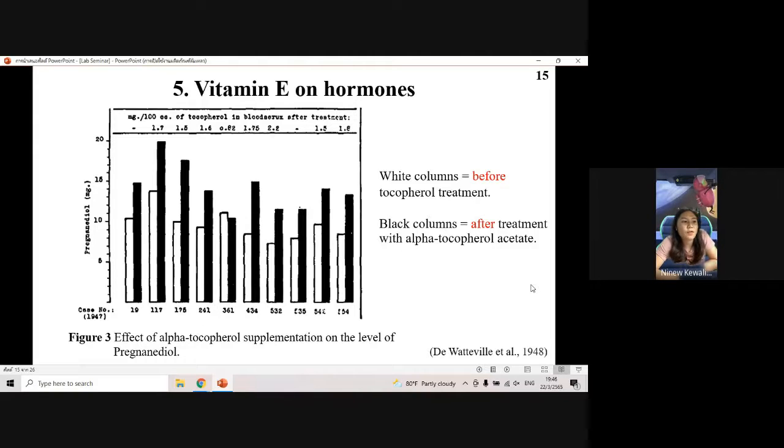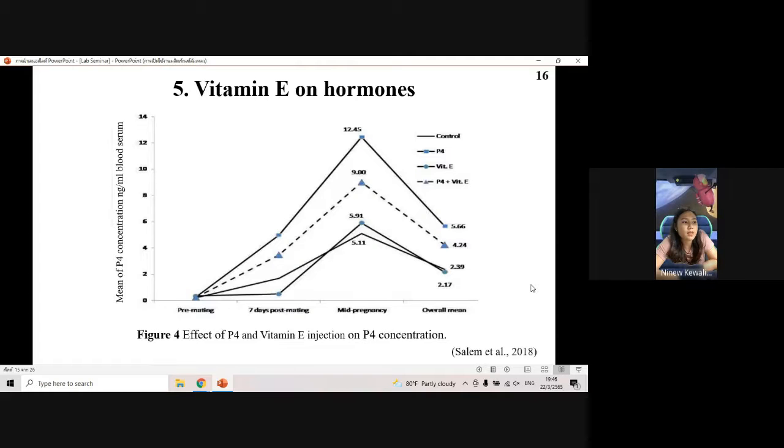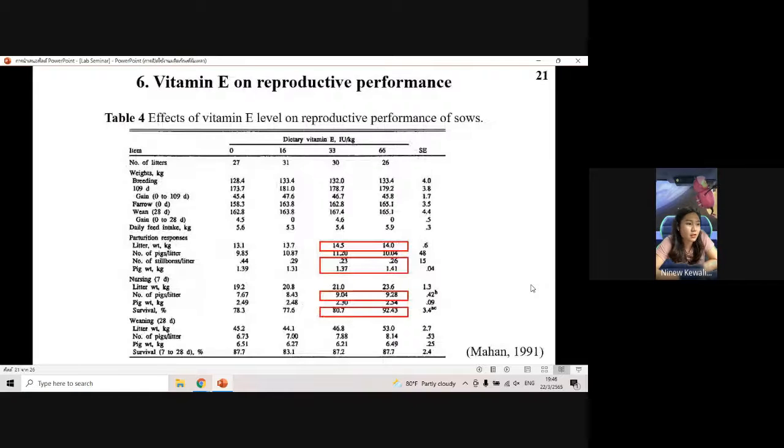In here, from this review, the vitamin E can enhance this one. Just a moment, please, Professor. In here, for the vitamin E, this one is for 7 days. The number of weaning.